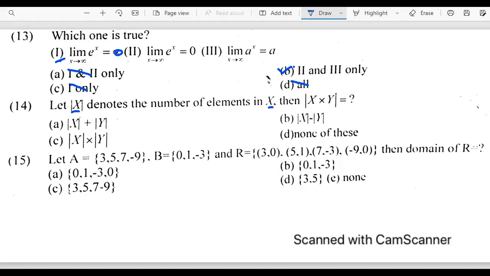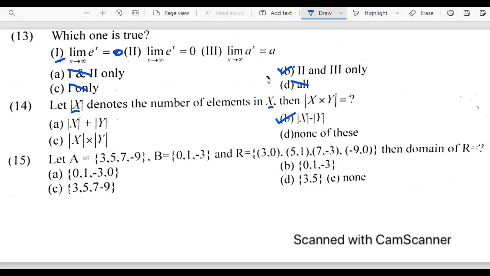When x mod is telling us the number of elements in x, x cross y will tell us the number of elements in x cross y. And always remember, this means that cross is basically intersection because x is probably a set, because the statement is like let x mod denote the number of elements in x. This means that x would be a set. So x cross y means x intersection y. The number of elements in x intersection y are basically the difference of elements in both the sets, right? So the answer would be B.